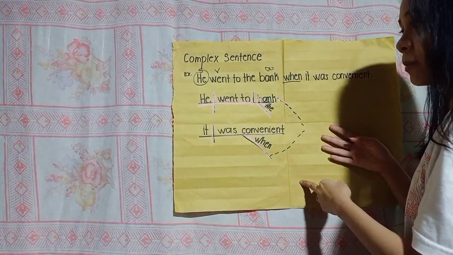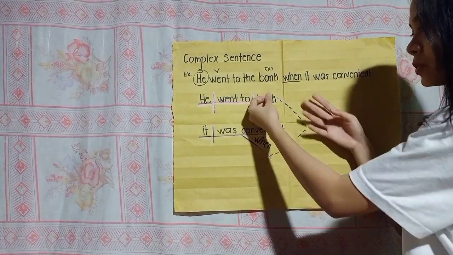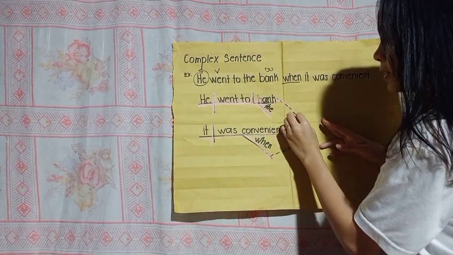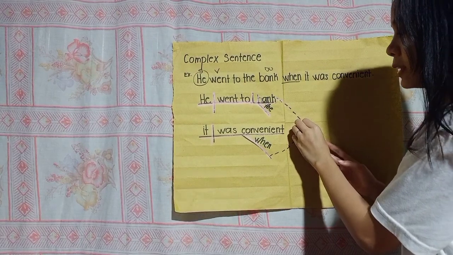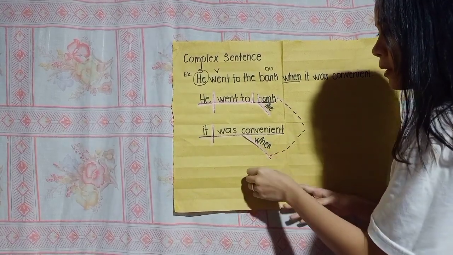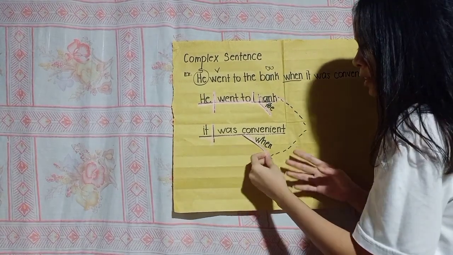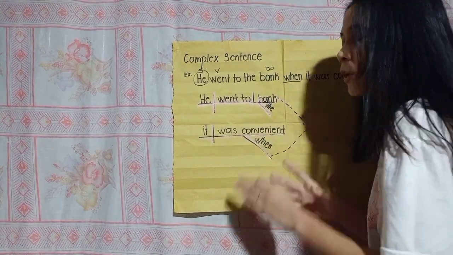So in diagramming a complex sentence, we need to draw a broken line to connect the dependent clause, from he was only going to the bank, when it was only convenient.